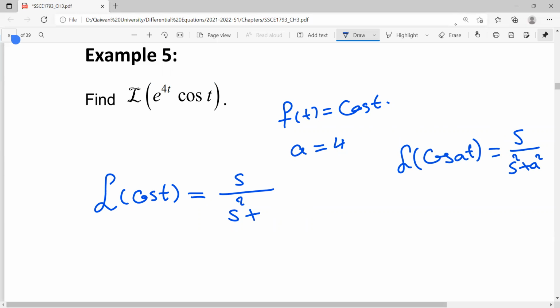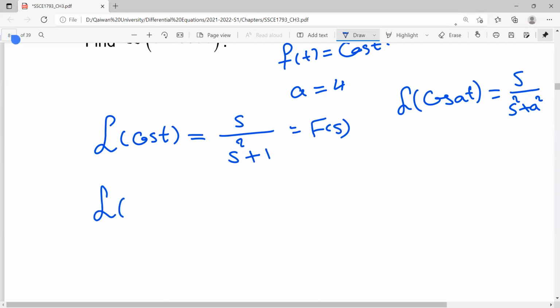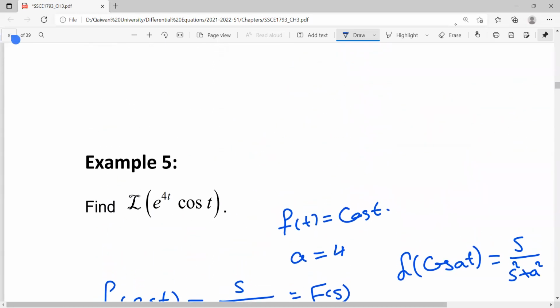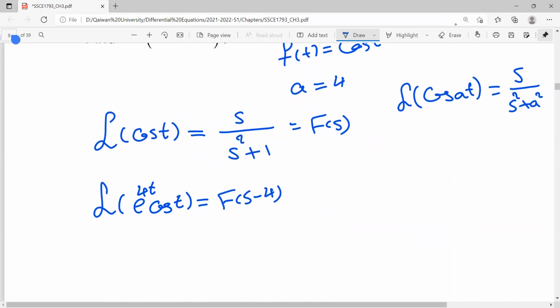Here a is 1. This is f of s. And the Laplace transform of e to the power 4t cosine t equals f of s minus 4, since a is 4. That's f of s minus a.